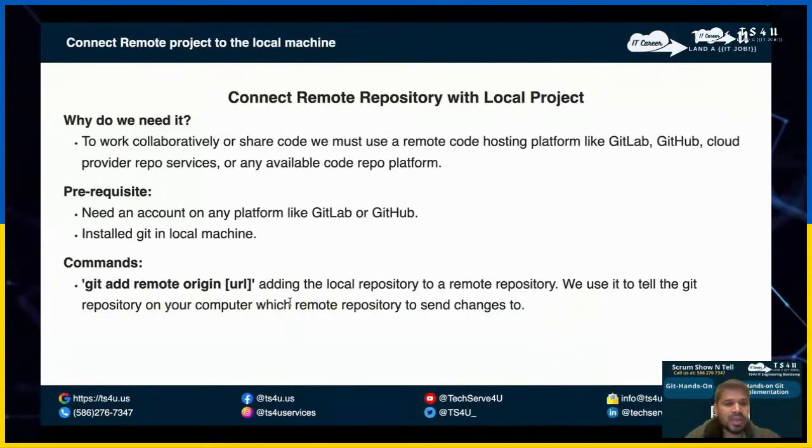Okay. Why do we need it? Of course, the whole purpose of GitHub is that multiple developers, so many developers, work together in a project on different features. When I say features, it means an application has many parts, and we call them features.